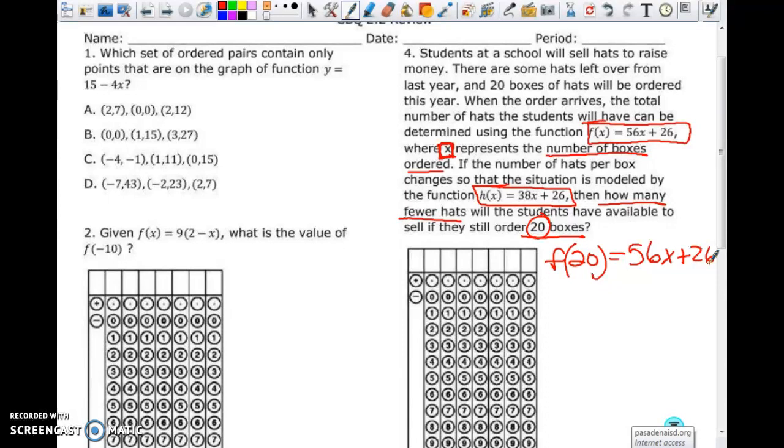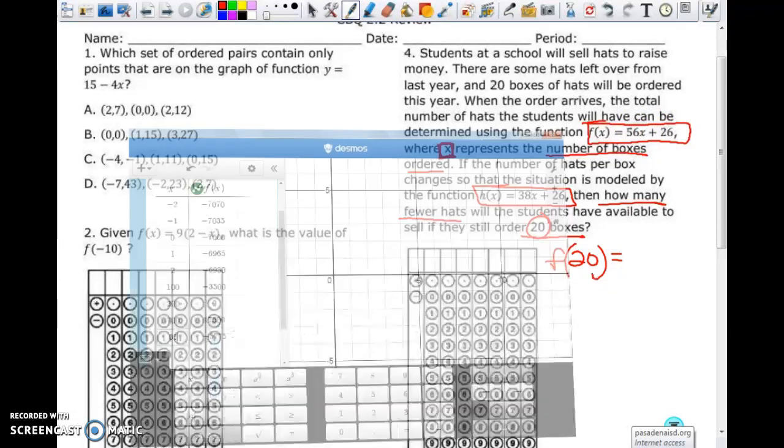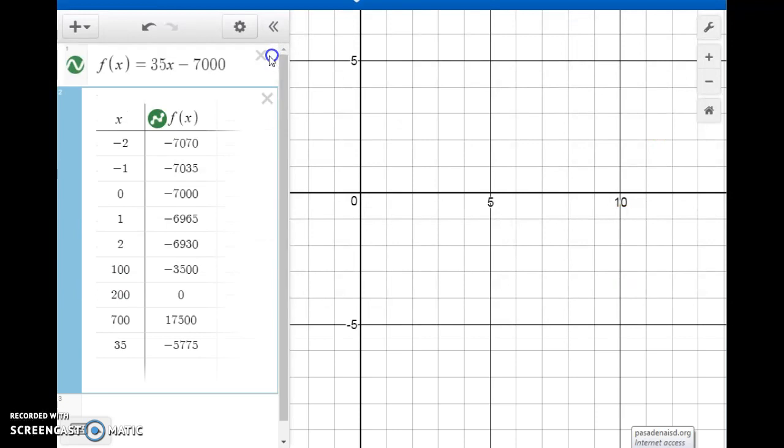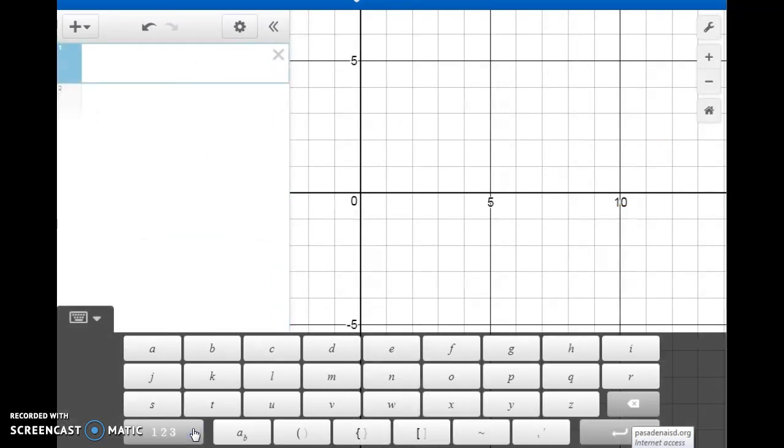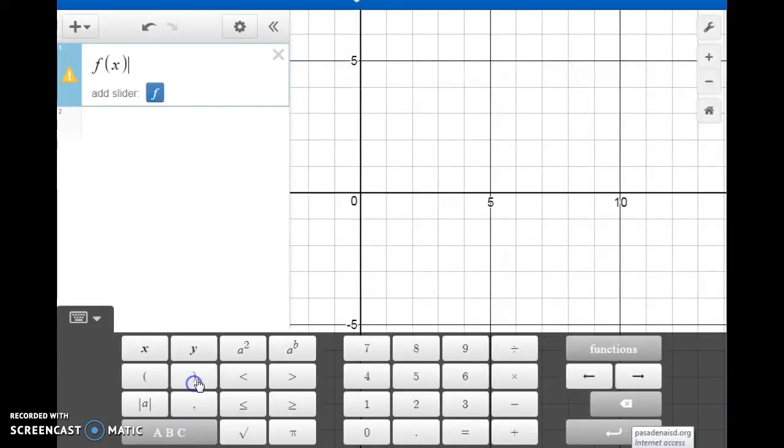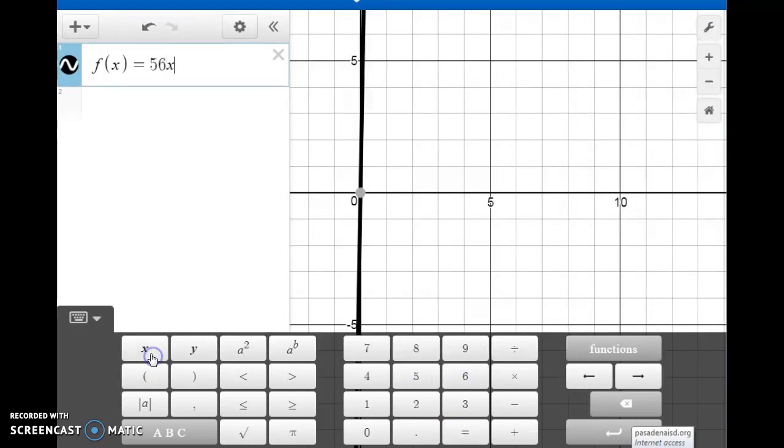We want to know, let me just erase this. Sorry. If we order f of 20 boxes, what will we get for this first function? So that first function, I'm going to put in Desmos. So I do f of x is equal to 56x plus 26.